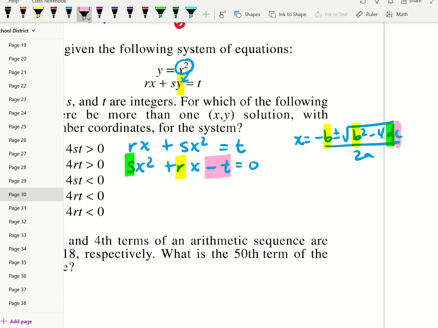Oops, there's one more a. Right down there. I'm going to just rewrite this. When I rewrite this, I get, let's see.